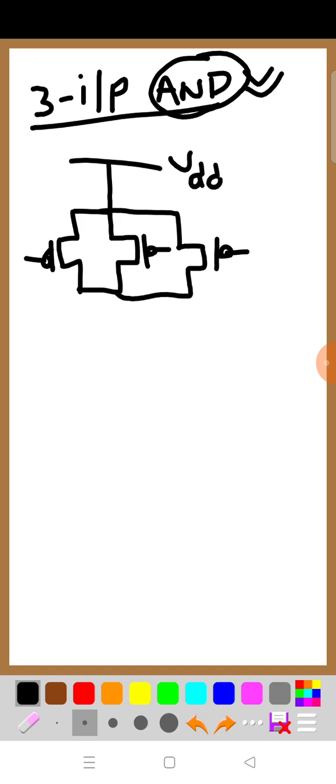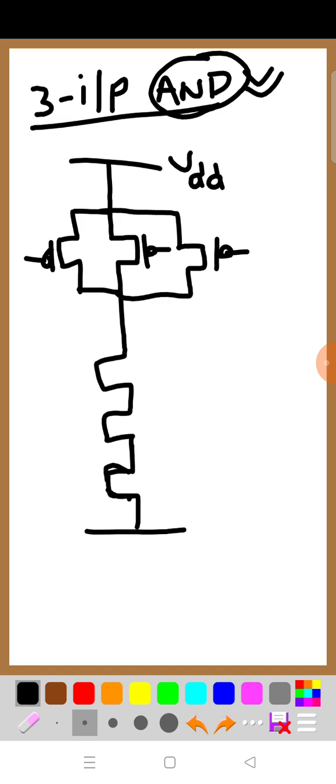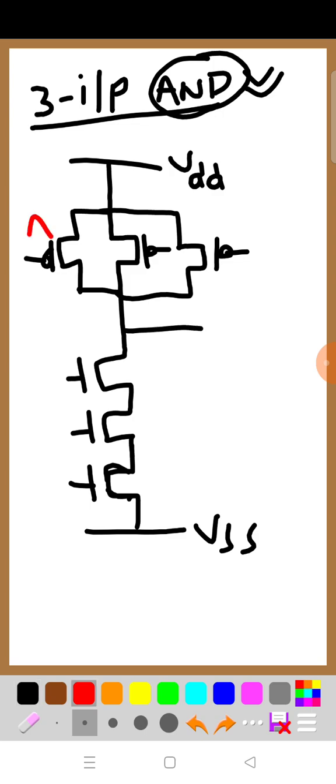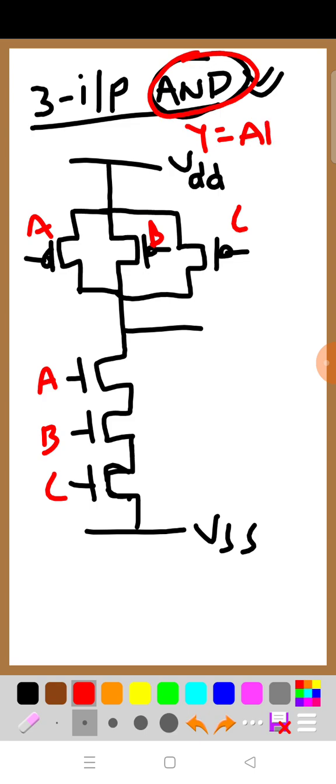VDD. And 3 NMOS transistors should be in series. Absolutely. 1, 2, 3. Sorry for that. Is it clear? This is VSS. The output is taken between these two. This is A, this is B and this is C. Now you have to observe that they asked to design an AND gate. That means Y equals A B C.